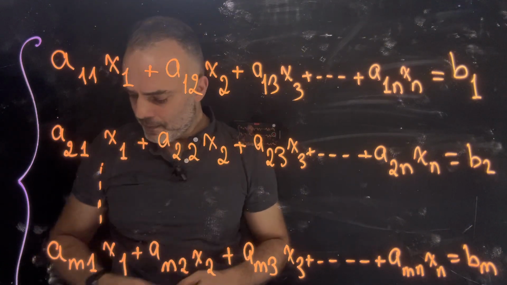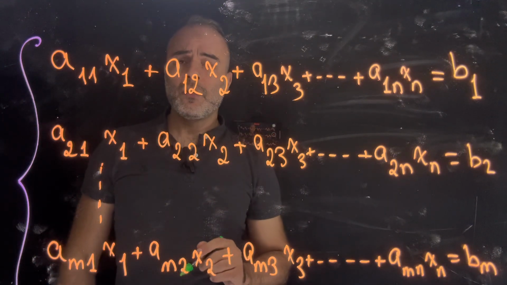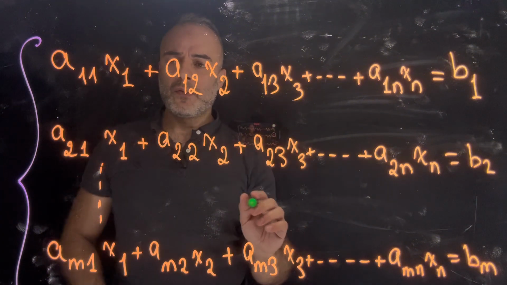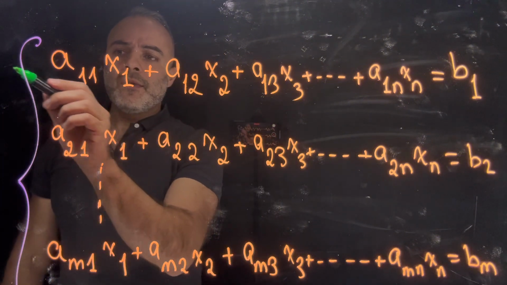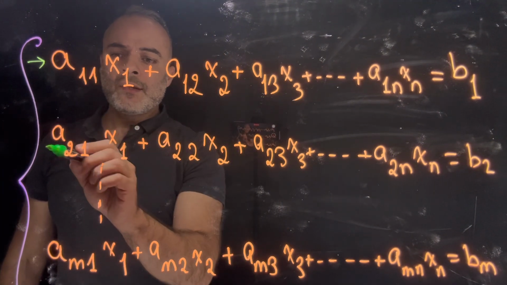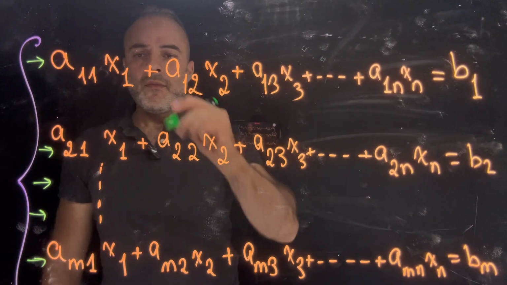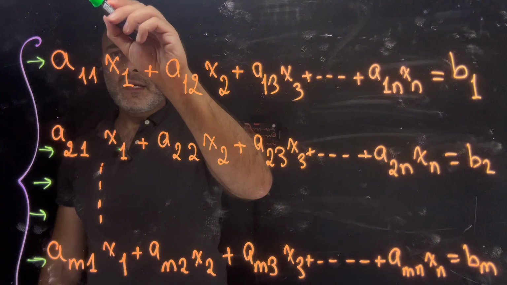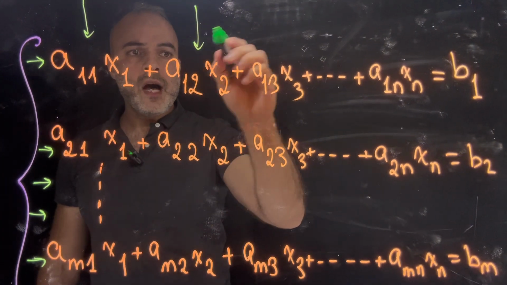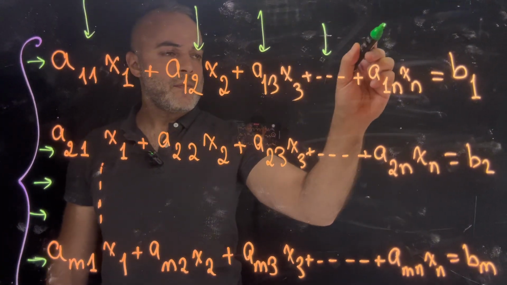What are these? Before answering this question, let's think of these as follows. So these are going to be rows, right? Each equation is a row. And these guys here, I'm going to think of them as columns, right?